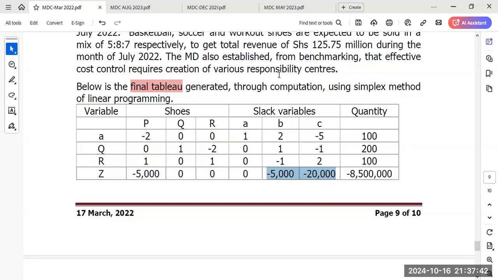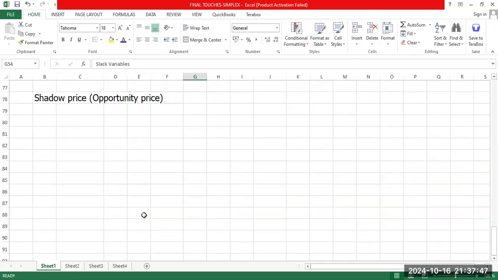So what does this one mean? It means that here you can simply say A, which is machine 1, is equal to 0.